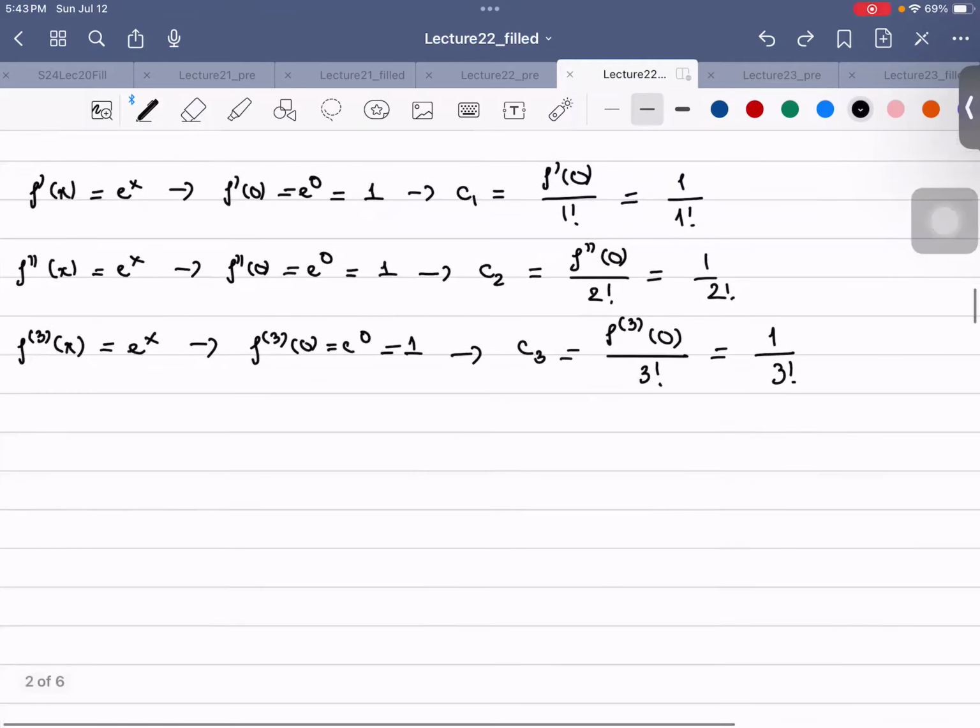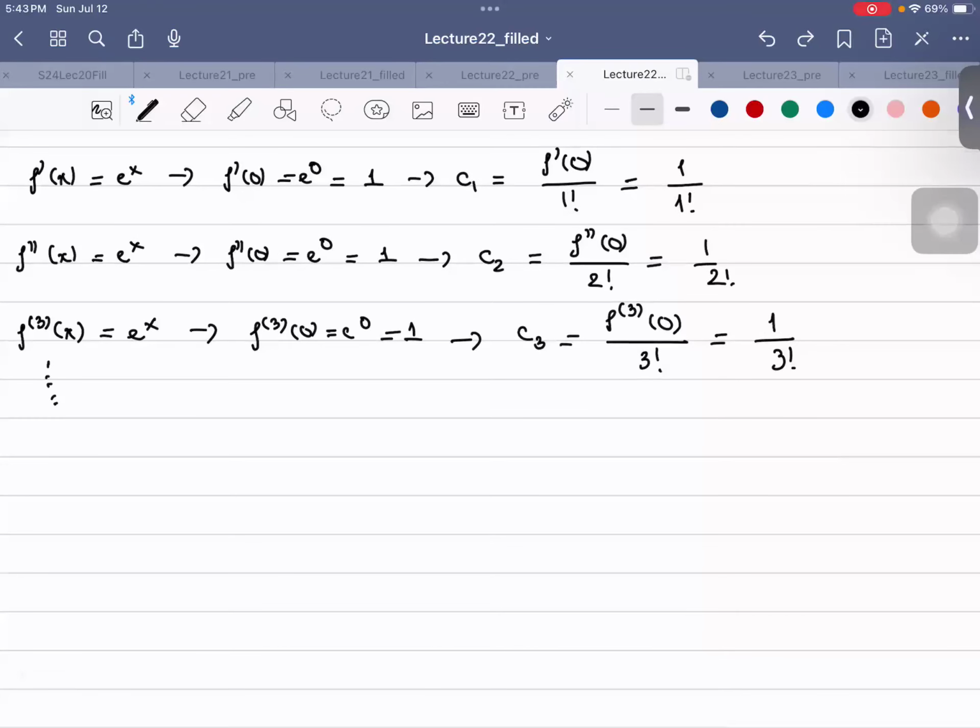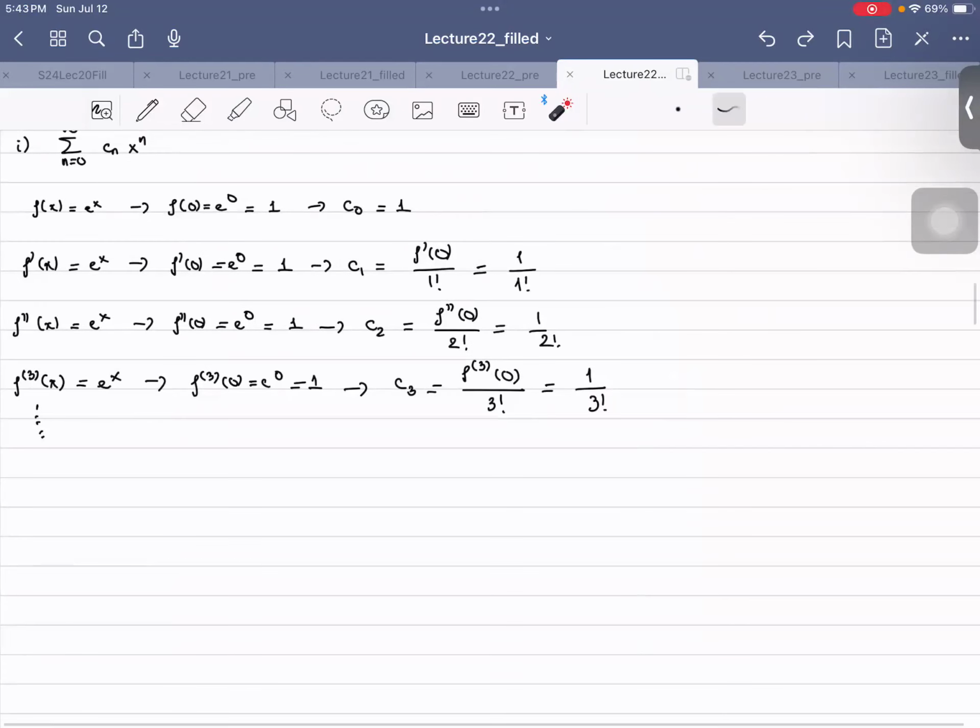So over here, you can see that if you repeat the same process, for C1, you have 1 over 1 factorial. For C2, you have 1 over 2 factorial. For C3, you have 1 over 3 factorial.